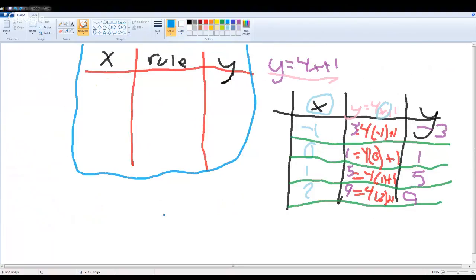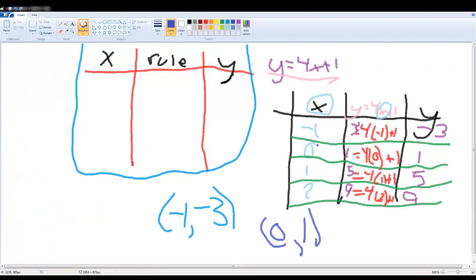So negative 1 and then negative 3: (-1, -3). This is 0 and then 1: (0, 1).